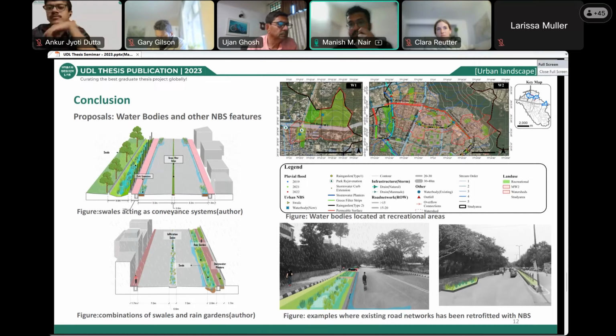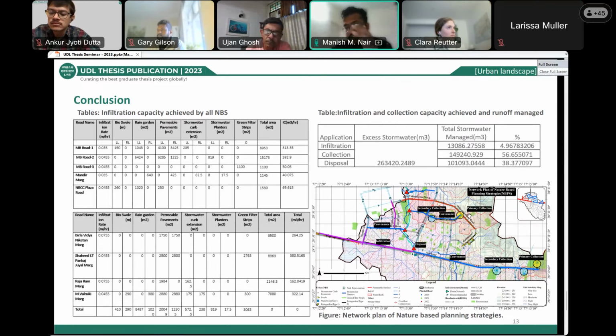Around 65% of that can be managed through collection and infiltration measures, and the rest can be disposed of, or it can be managed after integrating more urban NBS too. Now, finally, an integrated network of nature-based planning strategies where urban NBS are placed based on the four stages of primary collection, conveyance and infiltration, secondary collection system, and then finally disposal at the major drain or nala.